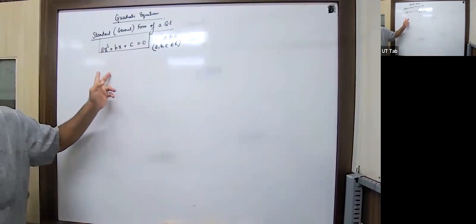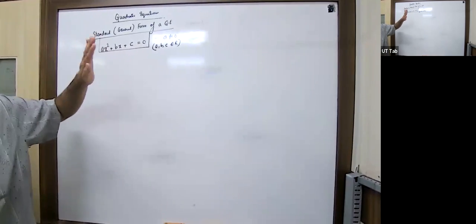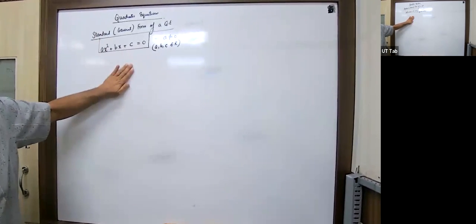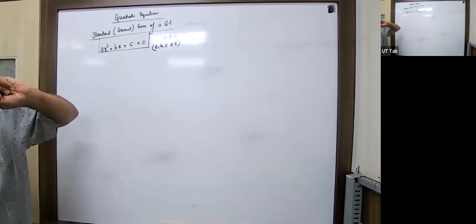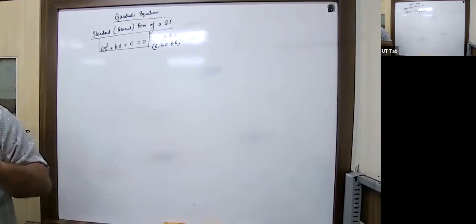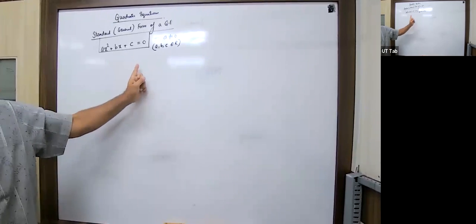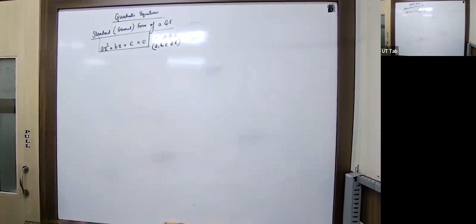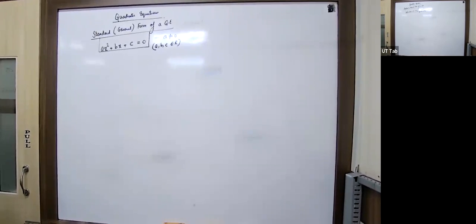Now this is a quadratic equation in which the degree of the variable is 2. That means this quadratic equation has 2 roots. 2 roots means 2 values of x which satisfy this quadratic equation. समझा? The roots 2 हैं. इसको कभी-कभी zeros भी बोलते हैं.